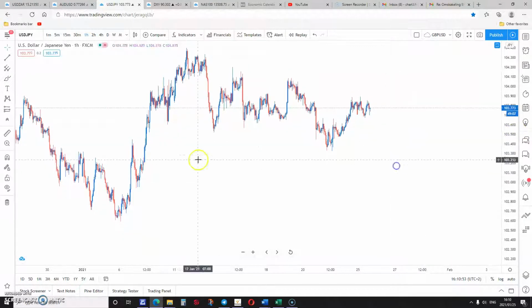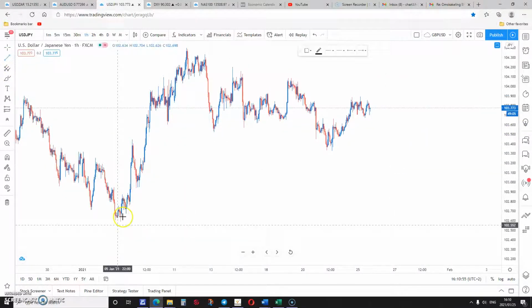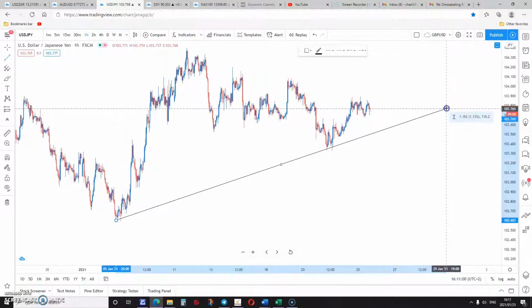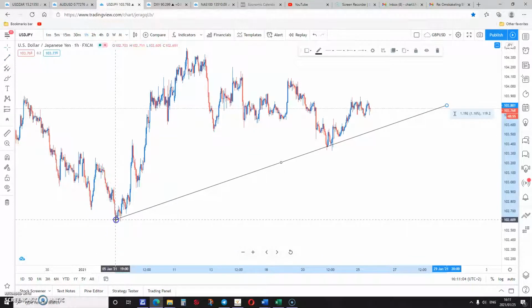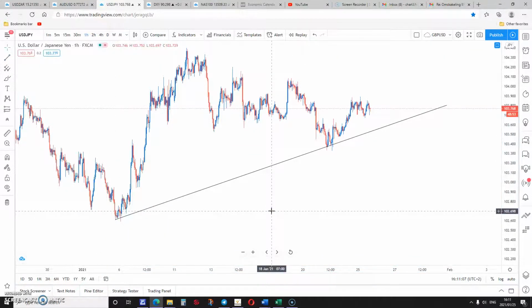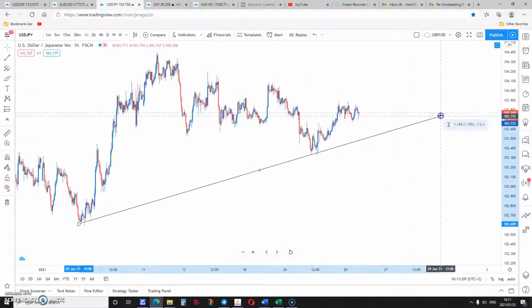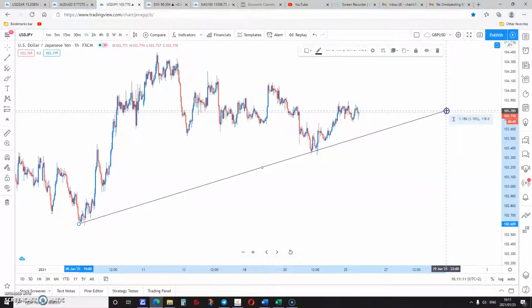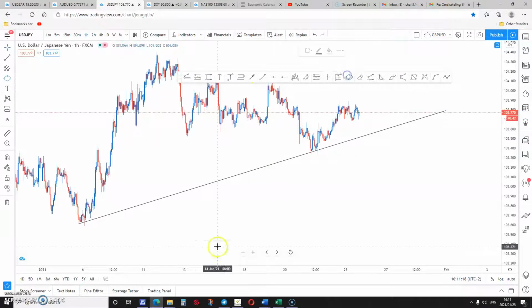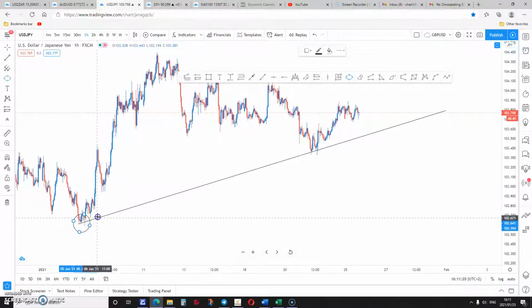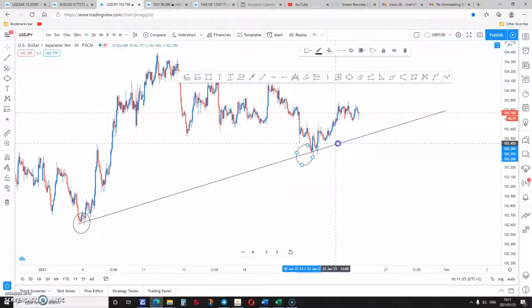So now the most common strat with trend lines is obviously the third touch strategy. So like I said, you connect 2 or more low points and 2 or more high points. In this case we have one touch there, second touch there.